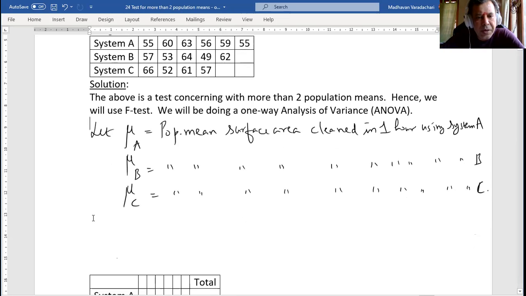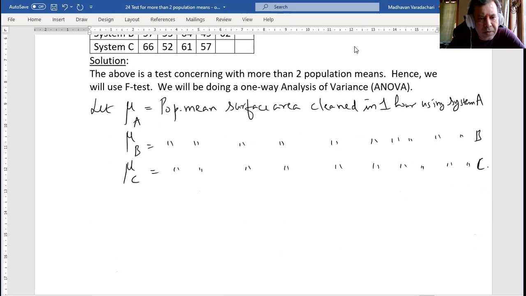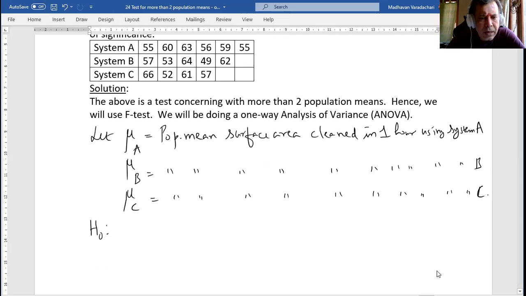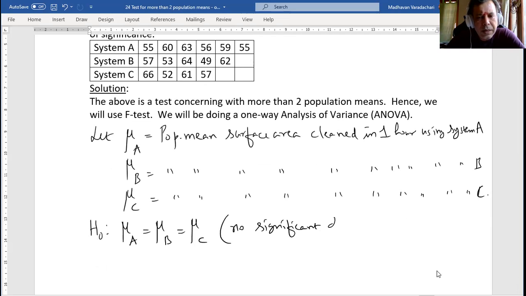So once we define these population means, we can now freeze the hypotheses. H naught, which is the null hypothesis, will be that all the systems are equally effective. That means there is no significant difference between mu A, mu B, and mu C, which means mu A is equal to mu B is equal to mu C. That is nothing but no significant difference between the three systems.